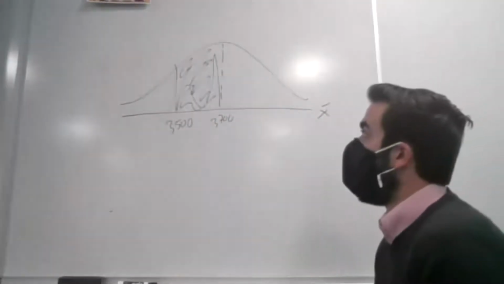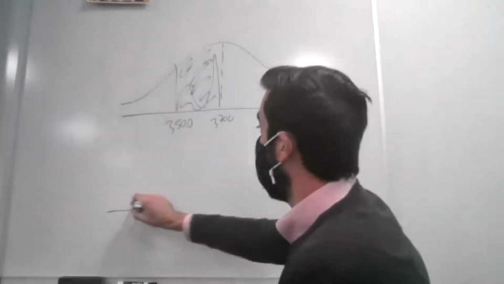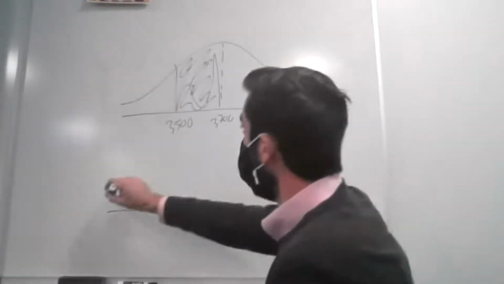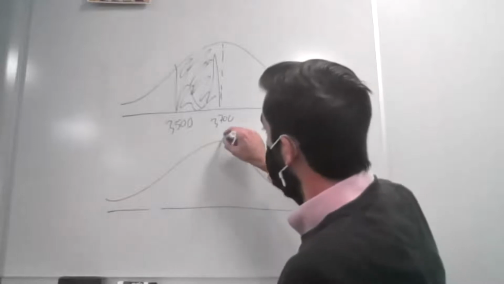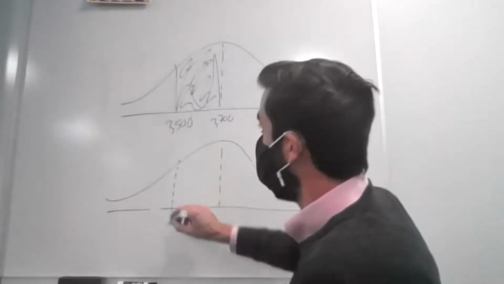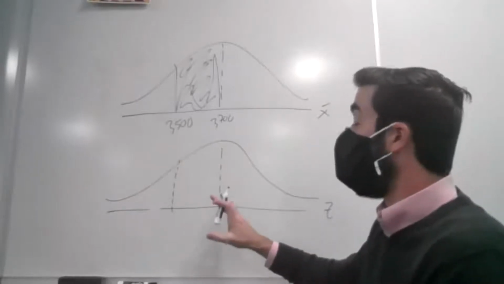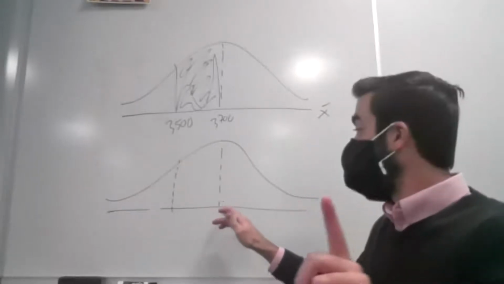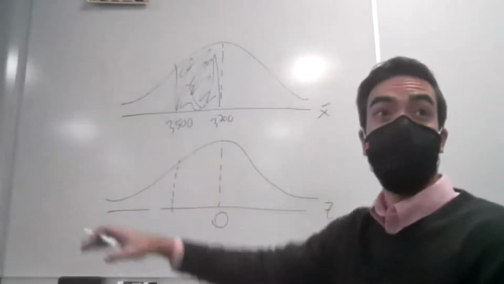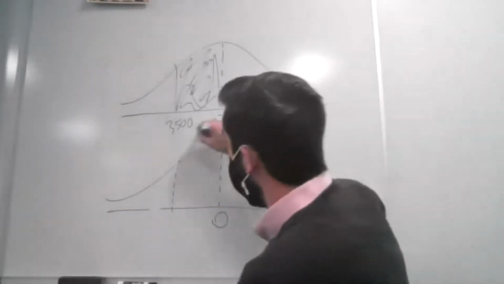So what I'm going to do here is turn these into z-scores. Well, right away, what's the z-score here? The z-score is not 0.5. The z-score is 0. The area to the left is 0.5.